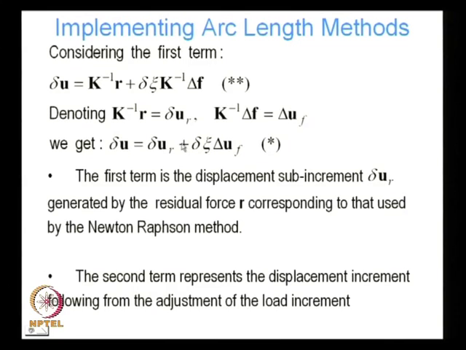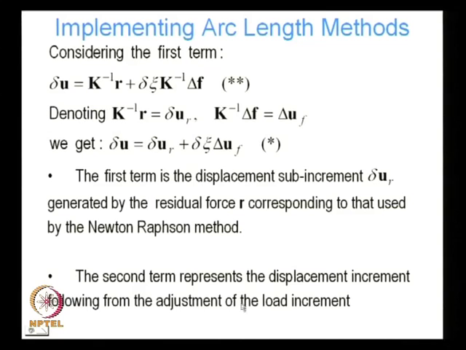The first term is the usual update. Why is it the usual update? Well, it is just calculated by taking k inverse r like we did for the normal Newton-Raphson. And this is the coupling term contribution. Because there is that coupling term, I get this additional correction. The first term is the displacement sub-increment delta ur generated by the residual force r, corresponding to that used by the Newton-Raphson method.